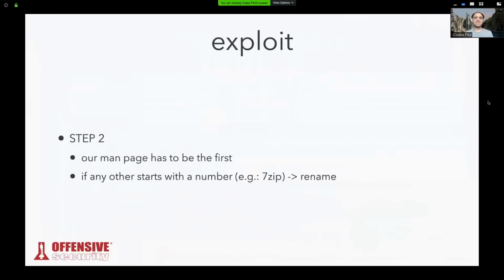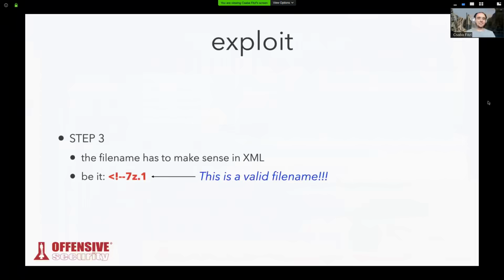Now, step 2, okay, I will skip this. So the file name, because that controls the first column on the man page database, has to make sense in XML.